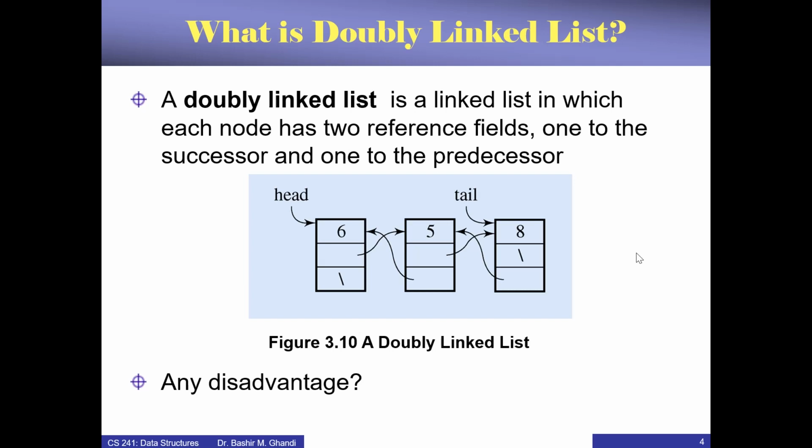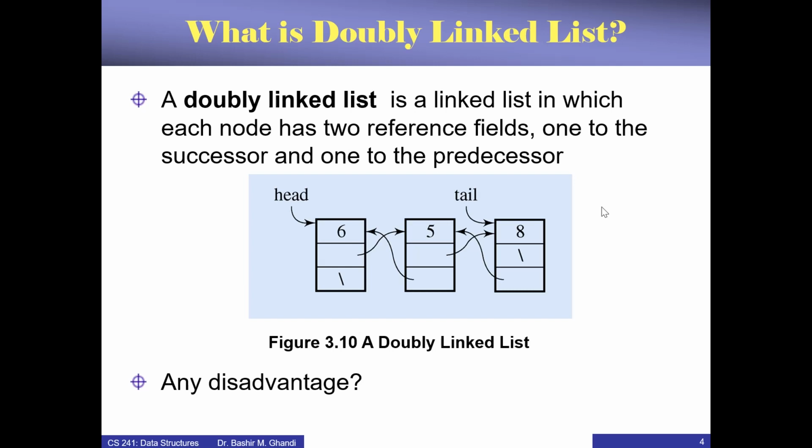Now, before we proceed, can you imagine any disadvantage for doubly linked list, at least comparing it with a singly linked list? We're going to see that it's going to give us more efficient methods, particularly the delete from tail is going to be more efficient now because we don't need that loop to be able to delete the last node. But is there any particular disadvantage?